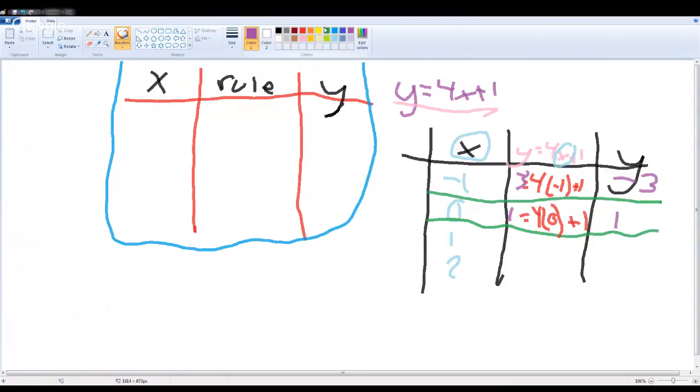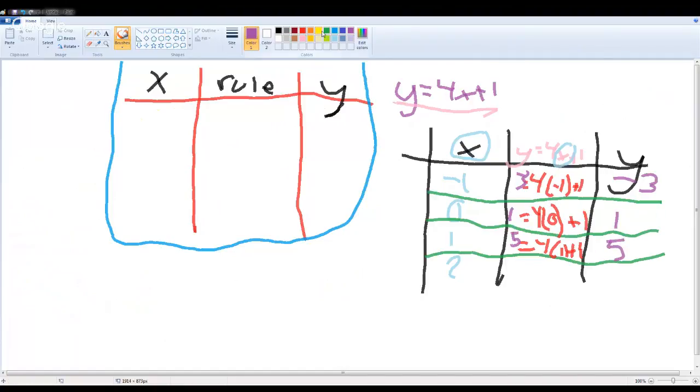Okay, so now you're going to worry about this. Okay, I want red. So 4 parentheses 1 plus 1. I made like the easiest equation ever. But 4 times 1 plus 1 is 5. So the answer is 5.